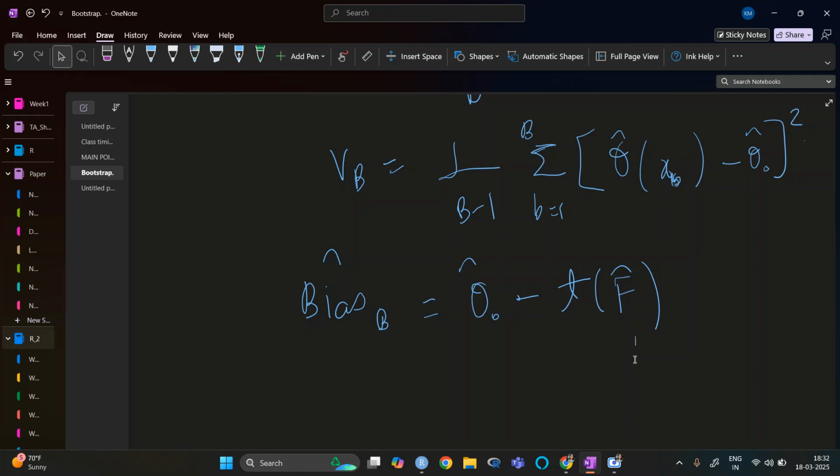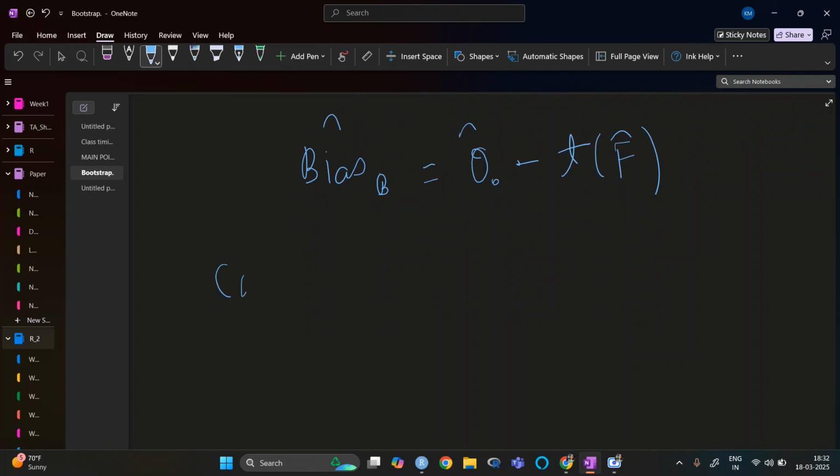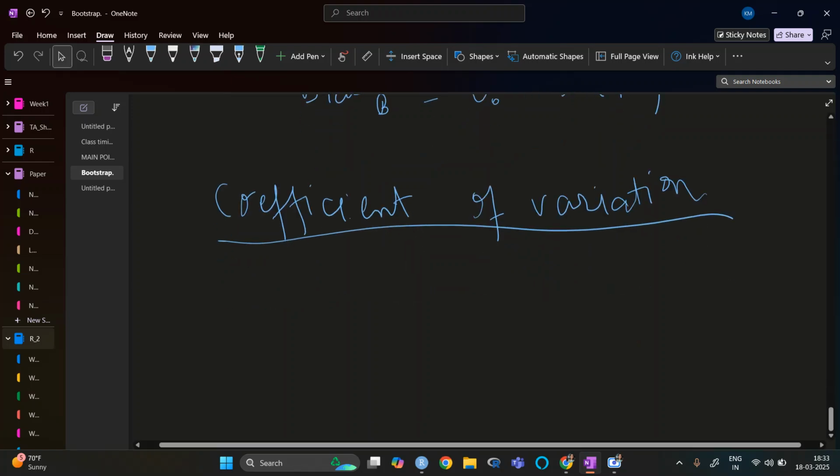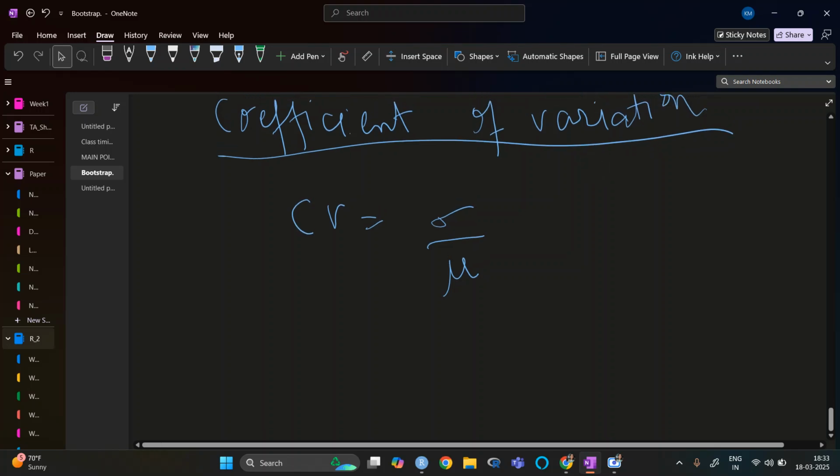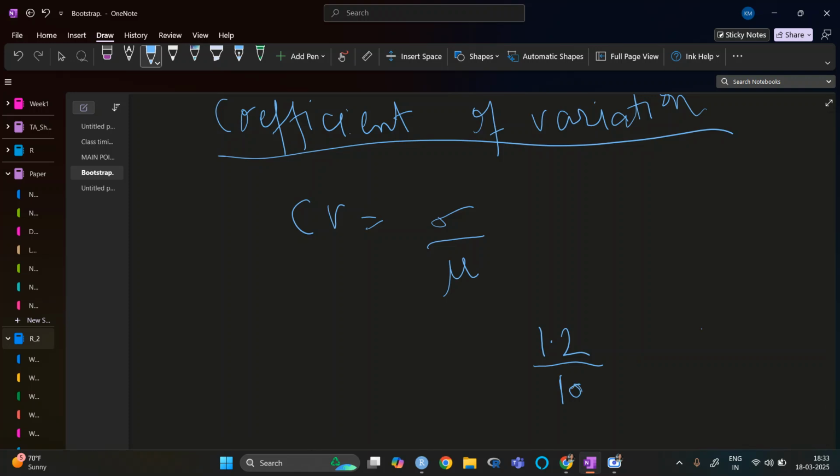Okay, the next is the coefficient of variation. It is very simple. CV is given by sigma upon mu. Let's say my sigma is 1.2 and mu is 10, and here my sigma is 3.4 and my mean is 10.